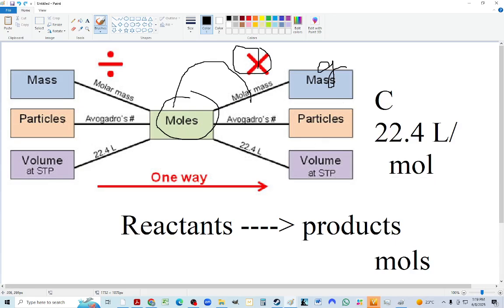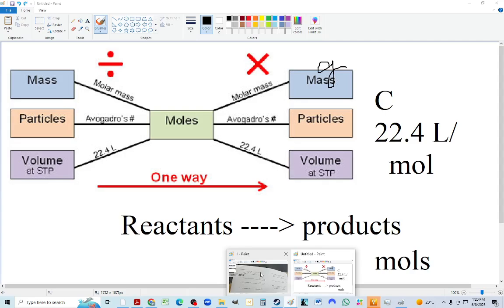So you might have to do both ways. Again, you take mass and divide by molar mass to get moles, or particles and divide by Avogadro's constant to get moles, or volume and divide by this constant to get moles. But then on this side, you have to multiply. And that's what the mole bridge is called. So all these are using the mole bridge.